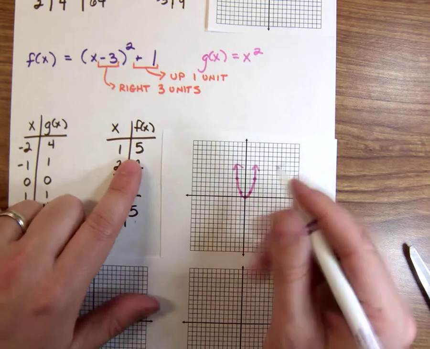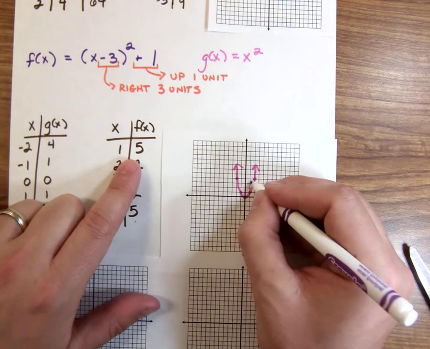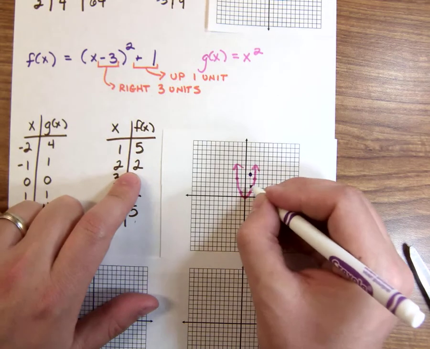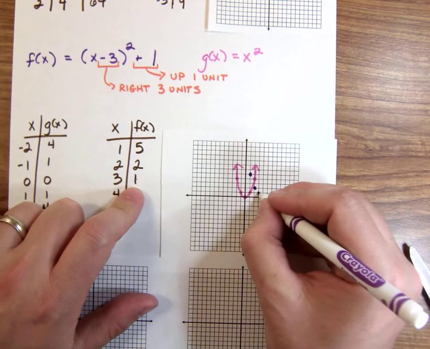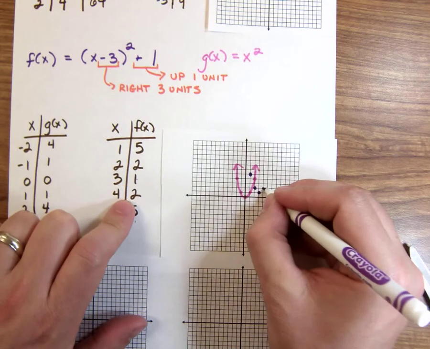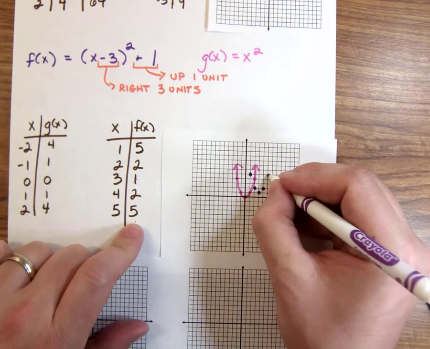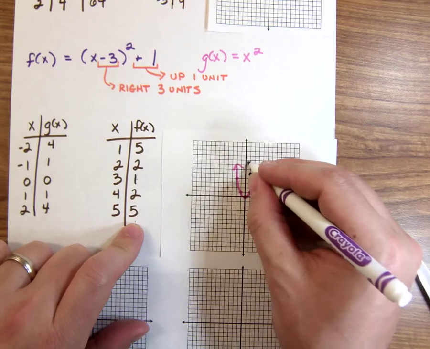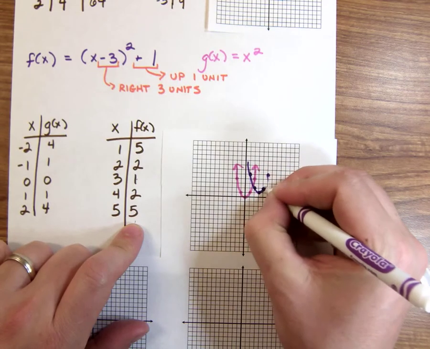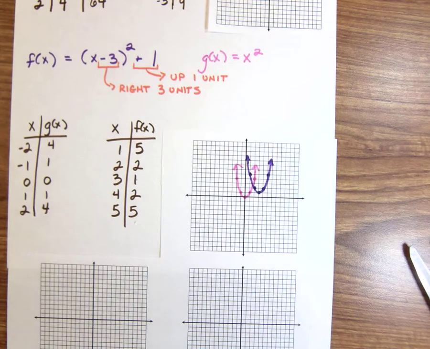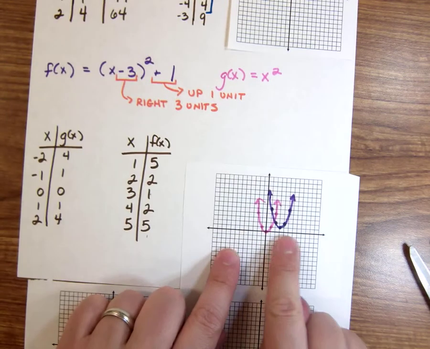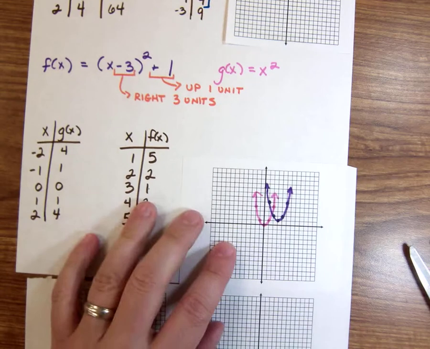So it's going to be 1, 5; 2, 2; 3, 1; 4, 2; and 5, 5. So our hypothesis when we started this is that it was going to move 3 to the right and up 1. Were we correct? Did the parent function go 3 to the right and up 1? Looks like it did.